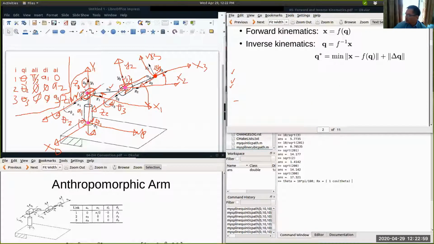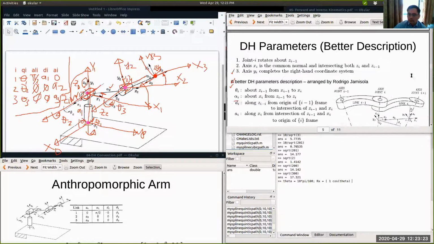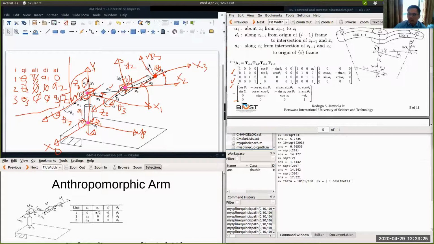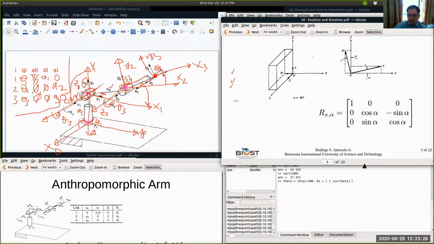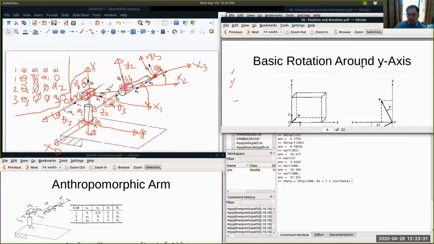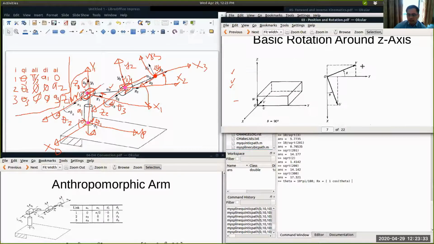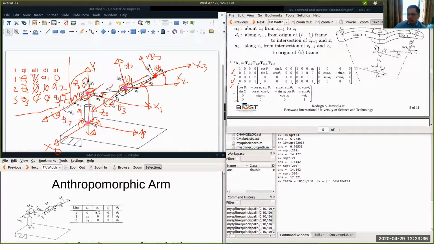Let's see. So they're using X is alpha, and then Y is phi, and Z is theta. Okay, so we'll use that.